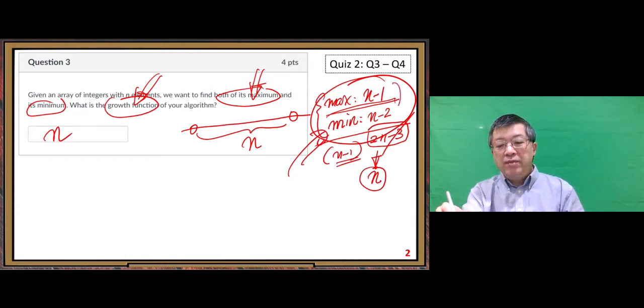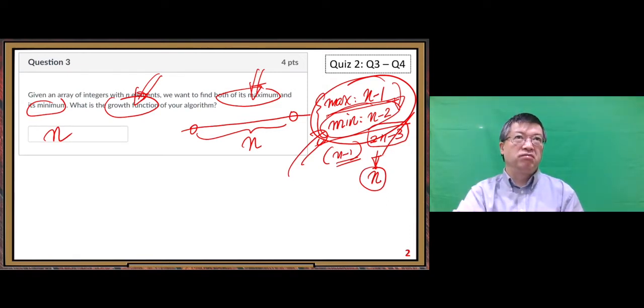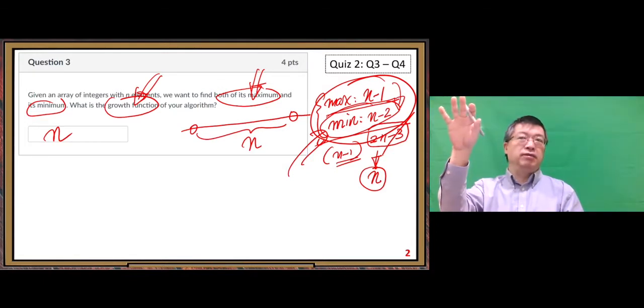Then when you find the minimum, you can use the information that you have used before here. So you can save some of the comparisons if you can use information from the first round.